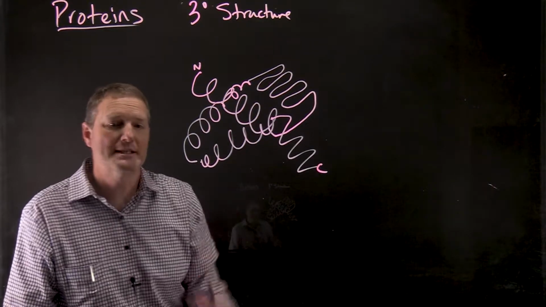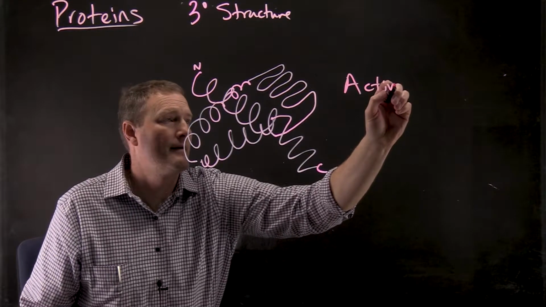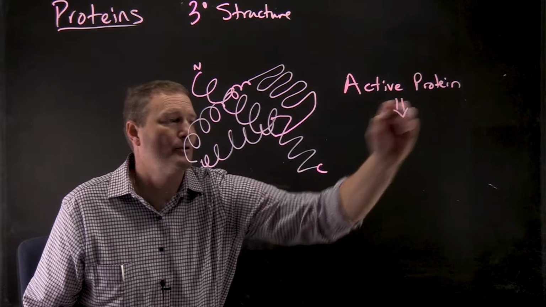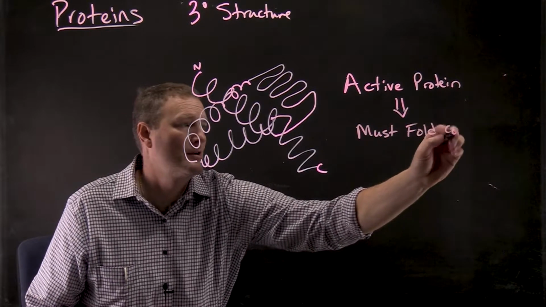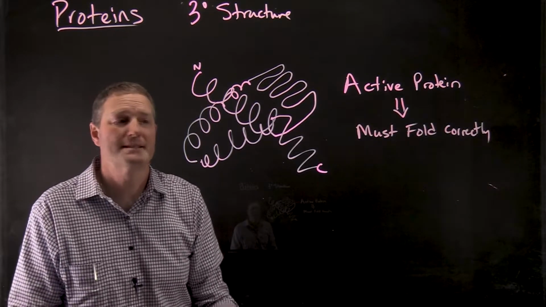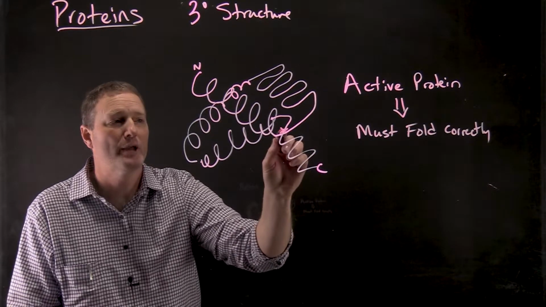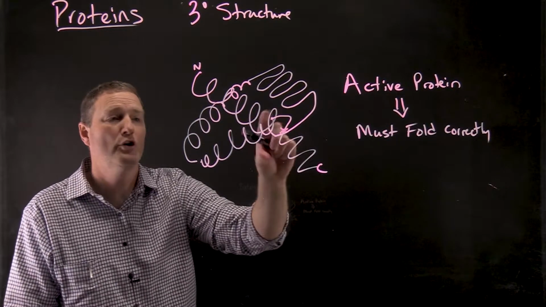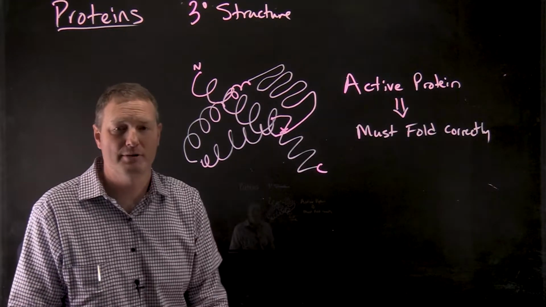And in order for a protein to have its activity, it must fold correctly. Sometimes even a single change in just one amino acid, if it's at a critical location, could dramatically alter the folding of this protein and therefore affect its function.